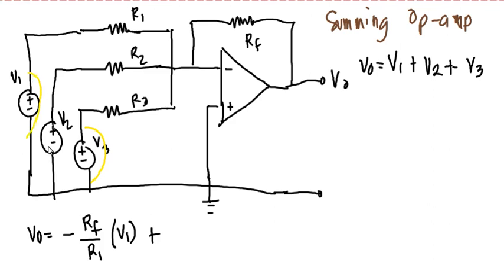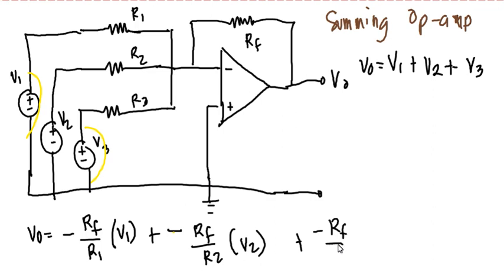That means we will again have an inverting amplifier, but this time this is what we consider. So our output will be negative RF over R2 multiplied by V2, plus, I hope you got the idea. For this one, we will have negative RF over R3 multiplied by V3.